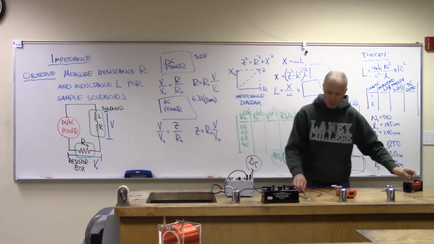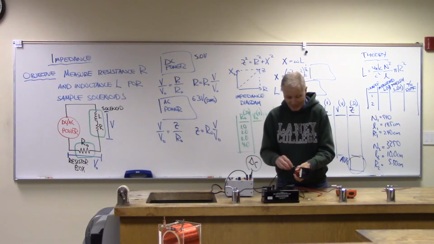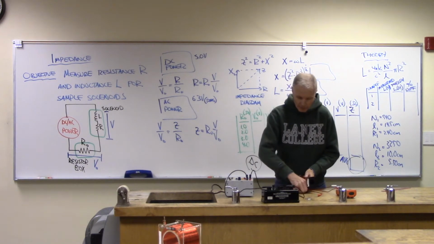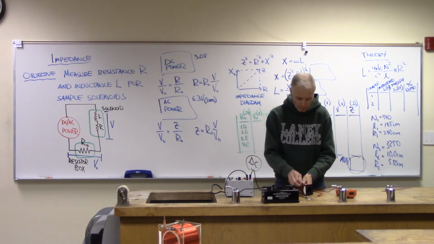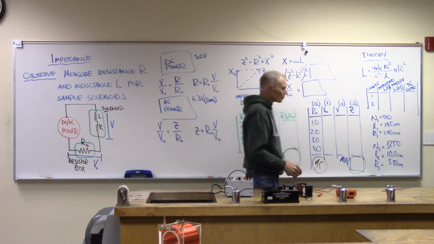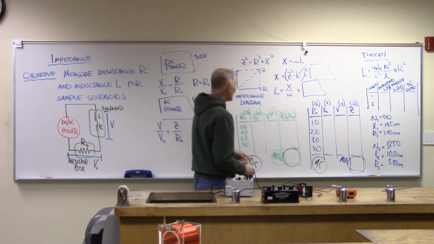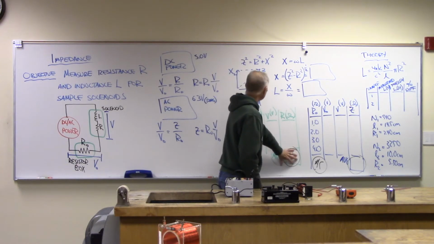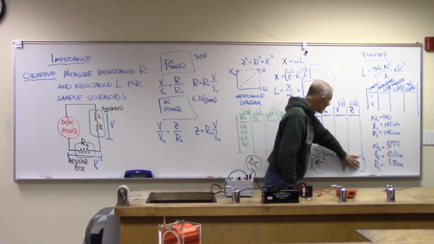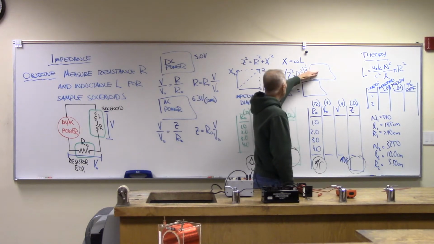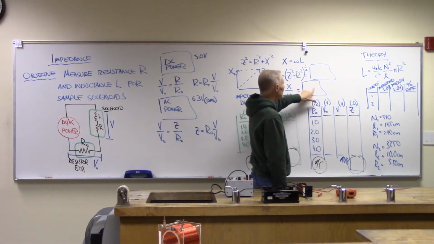So that's the idea here. Let me plug this back together. All right, so we're going to get R's from here, we're going to get Z's from here, and then we're going to plug into these equations to get, first of all, reactance, and then inductance.